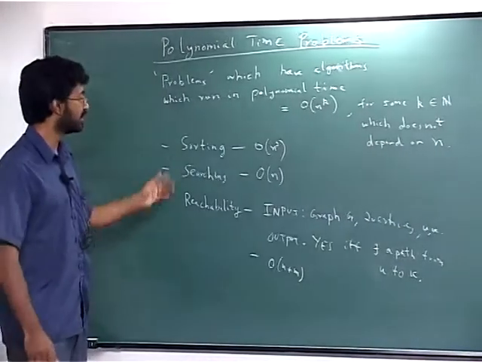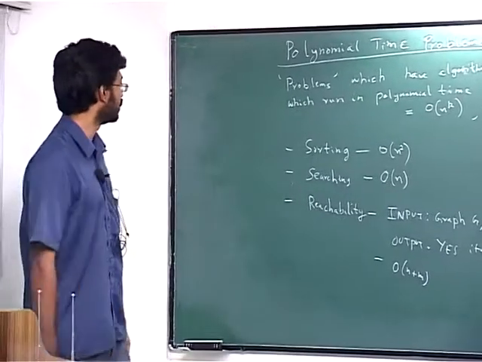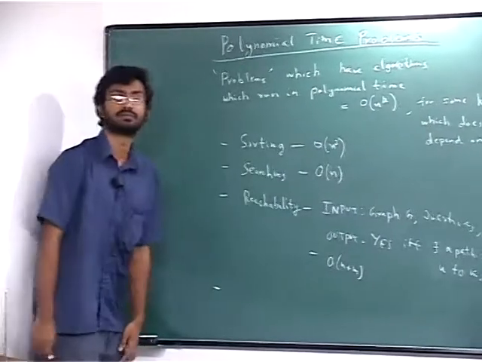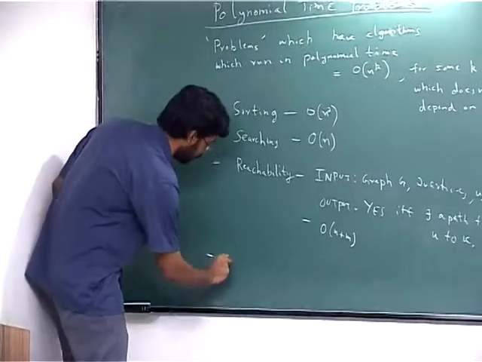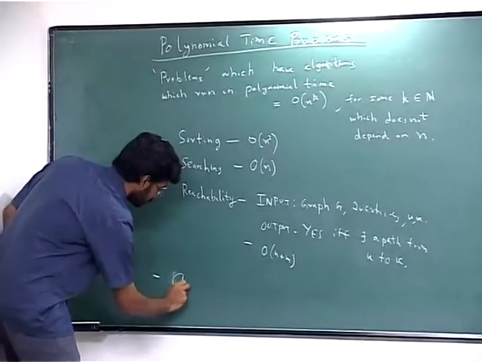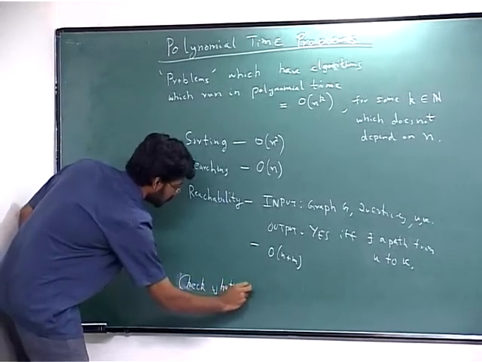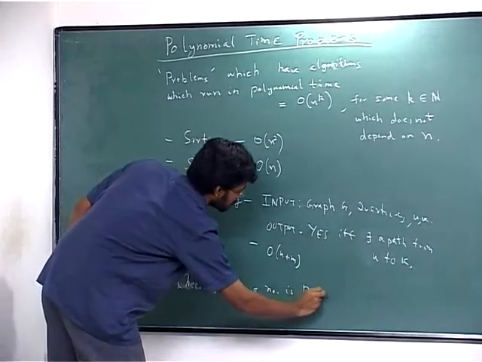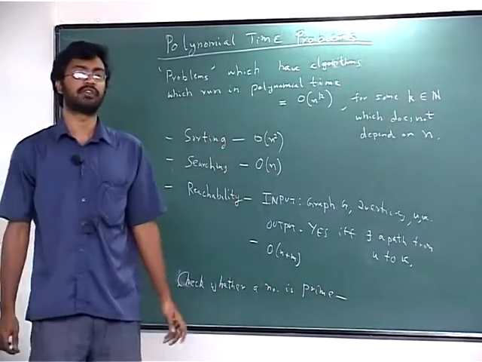Most of these are easy polynomial time algorithms, easy in the sense these are easier. But there are even highly non-trivial polynomial time algorithms, which, for example, I'll just write: given a number, check whether it is prime.